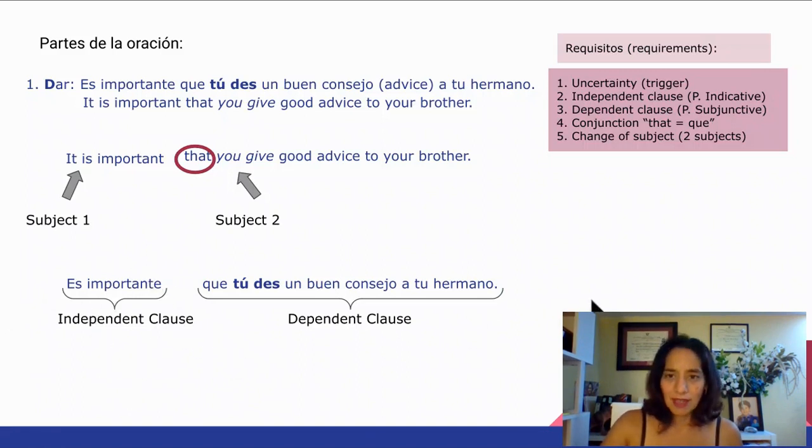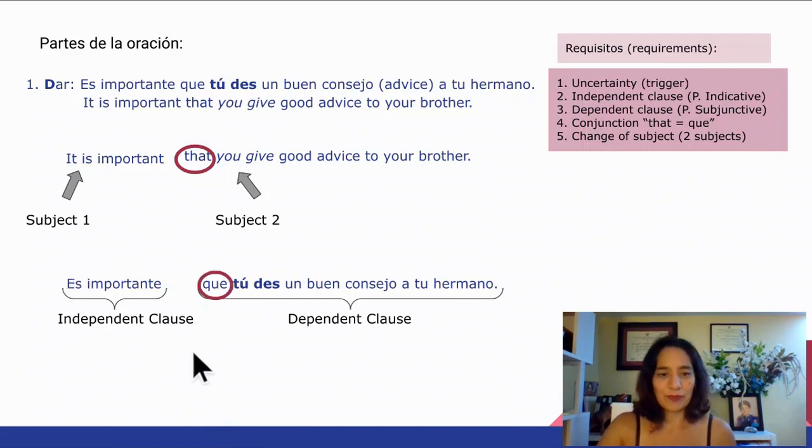So as you can see again, right here, our requirements to use the subjunctive are to have a situation that is uncertain and it triggers the subjunctive. So in this case, it's in the independent clause and its expression es importante. We also need the conjunction que that connects both parts of the sentence, the independent clause and the dependent clause.